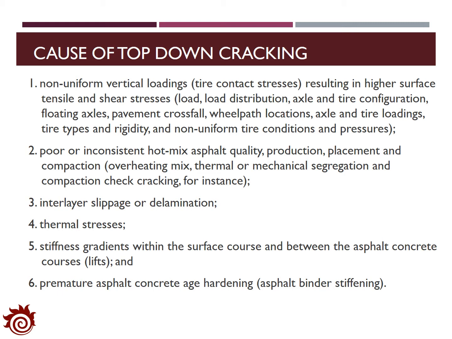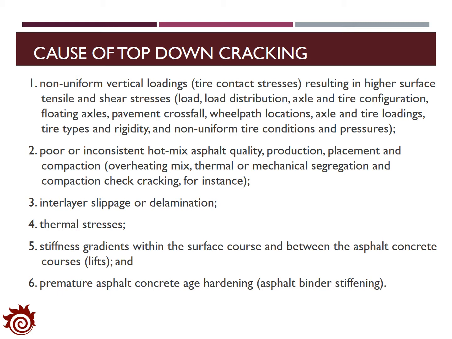On the road, the vehicle loading can be non-uniform for a lot of reasons, including the load distribution, axle and tire configuration, floating axles, pavement across four wheel path locations, and so on. The second one is poor or inconsistent hot mix asphalt quality, production, placement, and compaction.